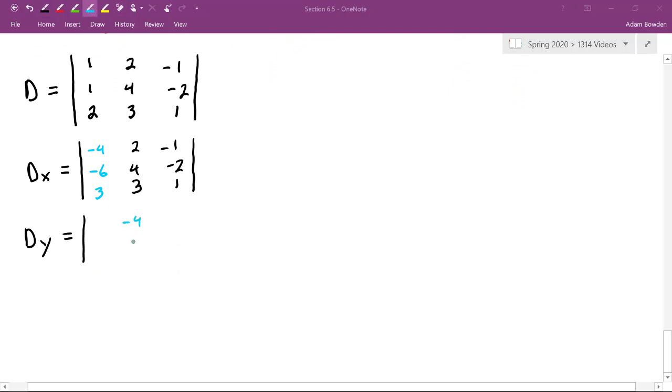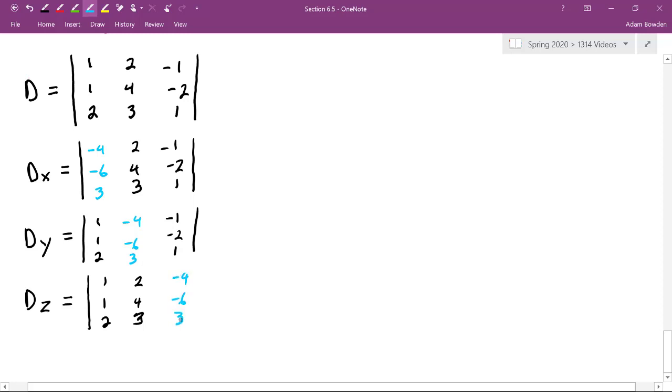So -4, -6, 3. First column is still 1, 1, 2. Third column is still -1, -2, and 1. And then lastly for dz, first column, second column, but then the third column I put the -4, -6, and 3 down that column.